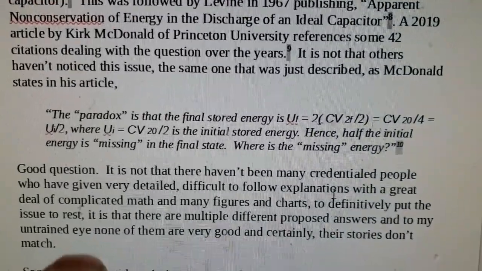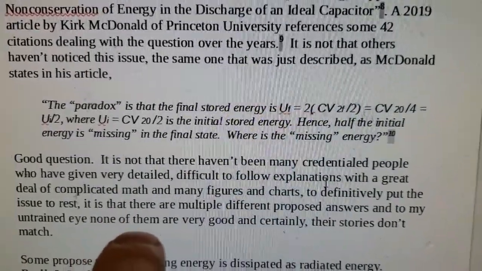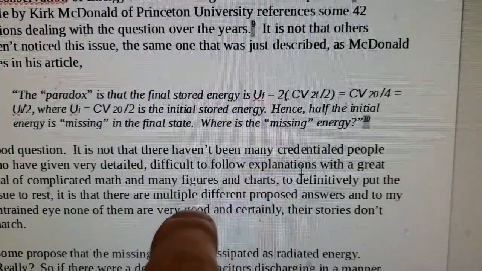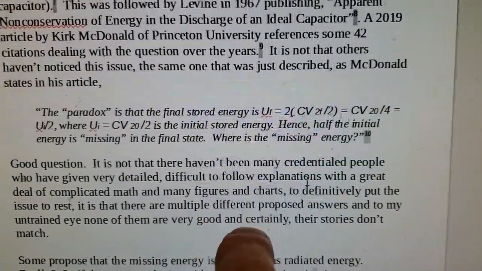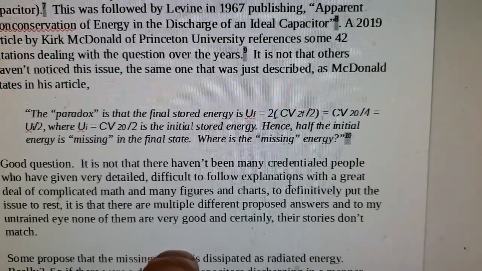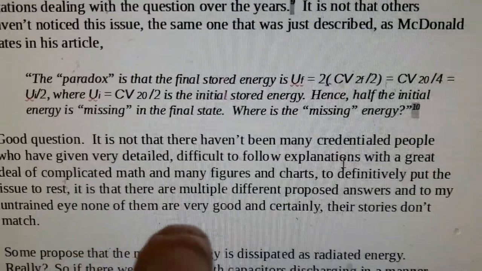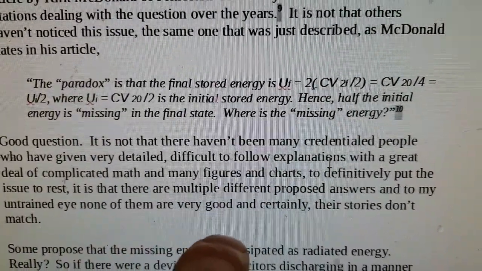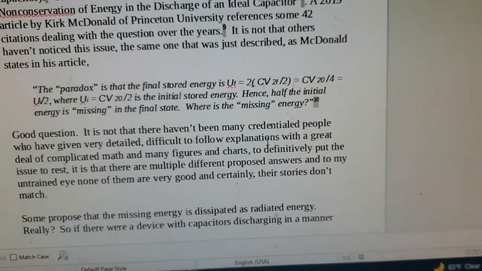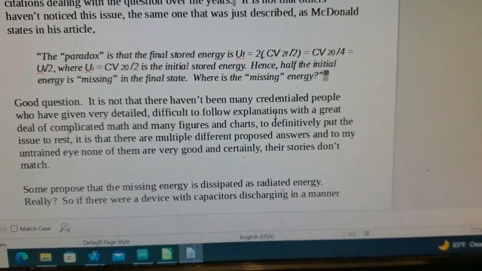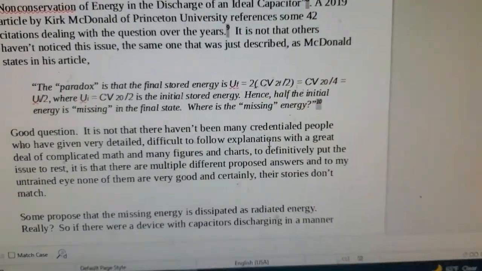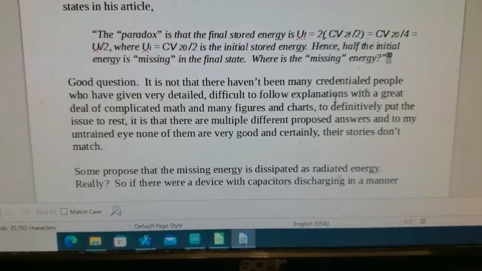To definitively put the issue to rest, the problem is that with all these credentialed people, there are multiple different proposed answers, and to my untrained eye, none of them are very good, and their stories don't match. So I'll just mention, and one can go back through the literature themselves, and when I put this out, I'll go through the literature in the book.